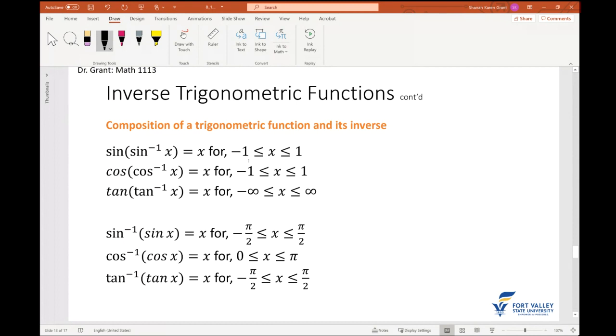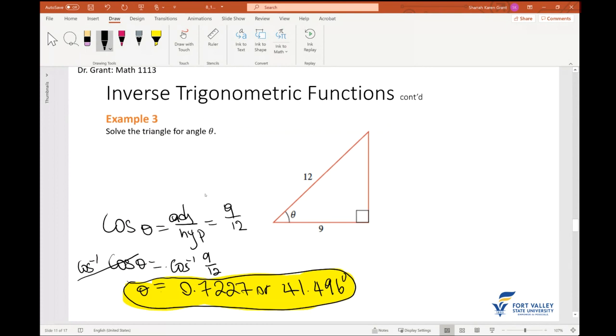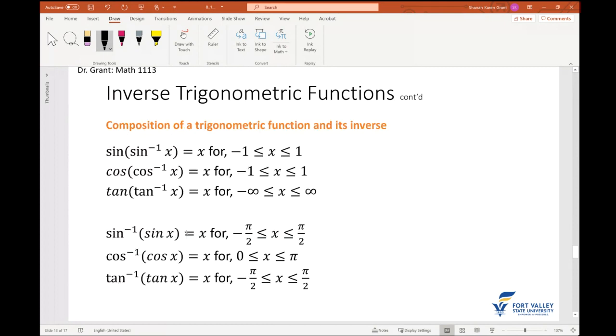These values hold when we're between -1 and 1 for x for sine and cosine, and all the time for tan. So that's why these hold for the previous problems, because here we're between -1 and 1. Here 6 over 10 is also between -1 and 1. So that's why those values hold.